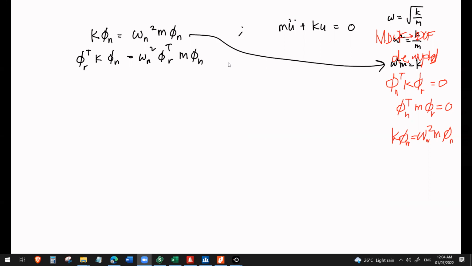So this is what we put on both sides. Omega n square can take any position because it's a scalar. Next, the transpose of the matrix on the left side will equal the transpose of the matrix on the right side of the equation.